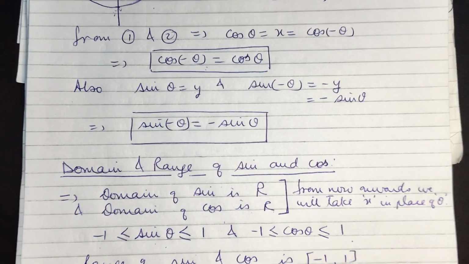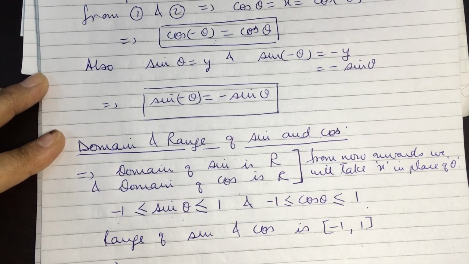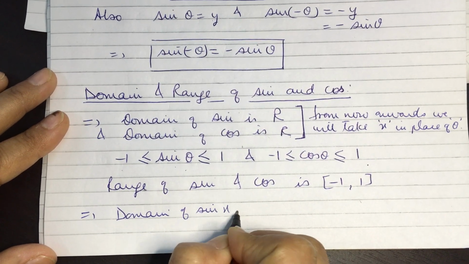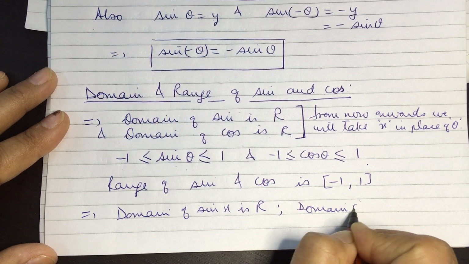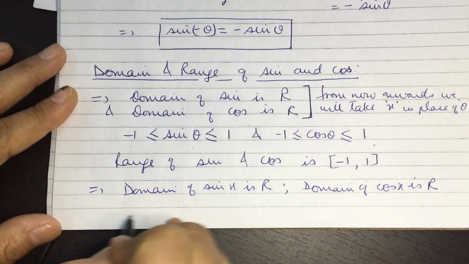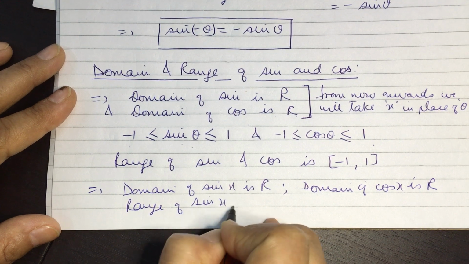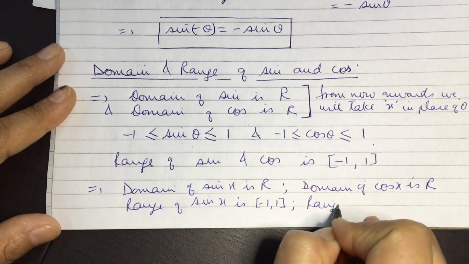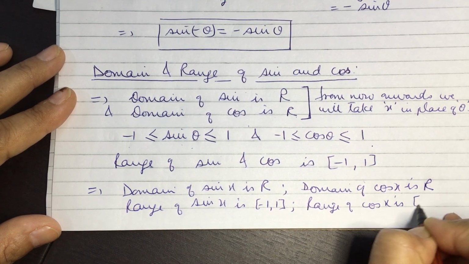So it implies that the domain of sine x is real numbers, the domain of cos x is also real numbers, the range of sine x is -1 to +1, and the range of cos x is -1 to +1.